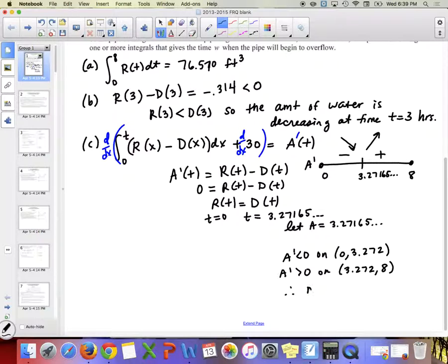Therefore, there is a minimum at t equals 3.272 hours. Okay, and that, I believe, would be enough justification.